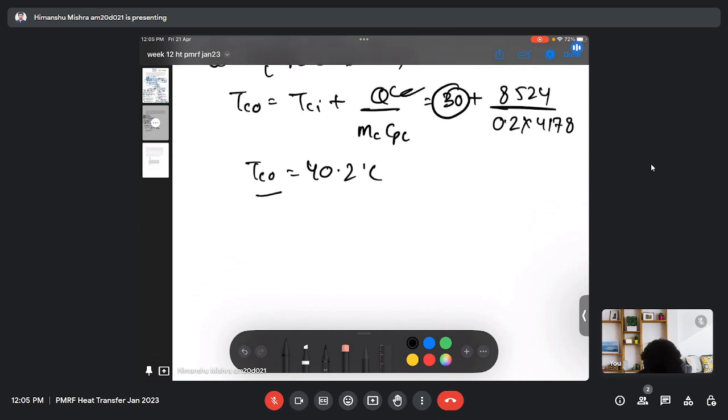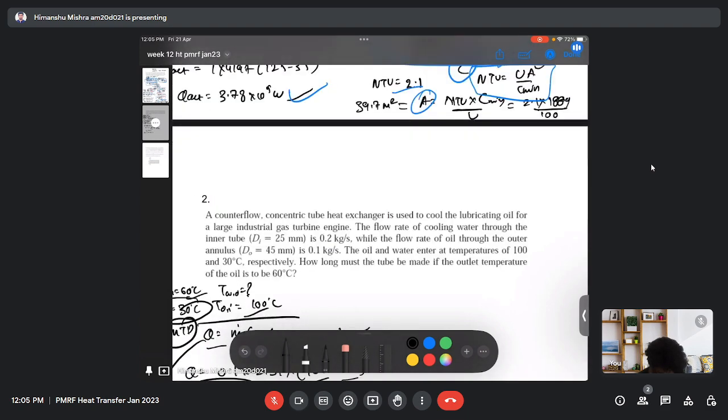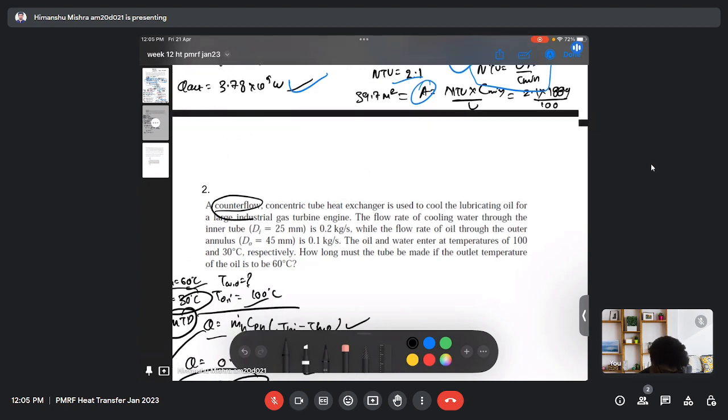So let me calculate the log mean temperature difference. I'm writing this for the counter flow heat exchanger.